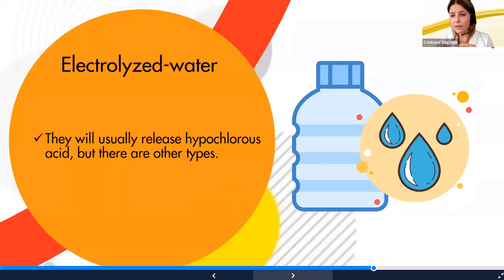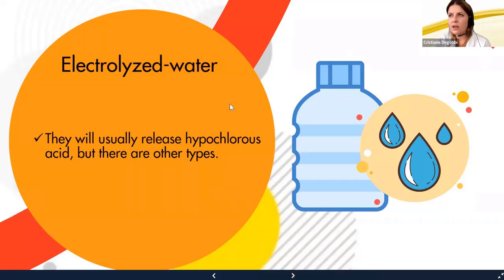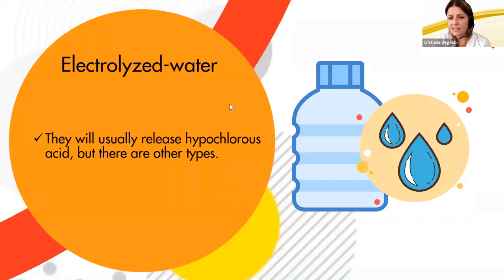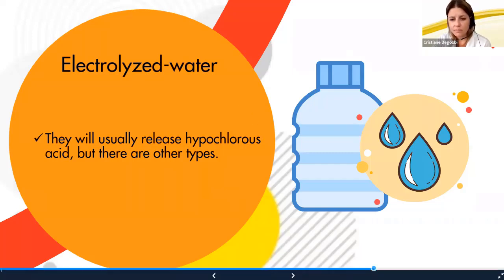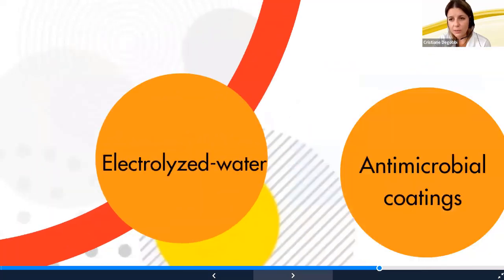They will have this equipment that is going to turn this into hypochlorous acid. But there are other types, and this is going to be the disinfectant that you need. Customers tend to like it when you say that this is electrolyzed water. And these are usually not toxic or anything like this. It's another option if you find it in your country.